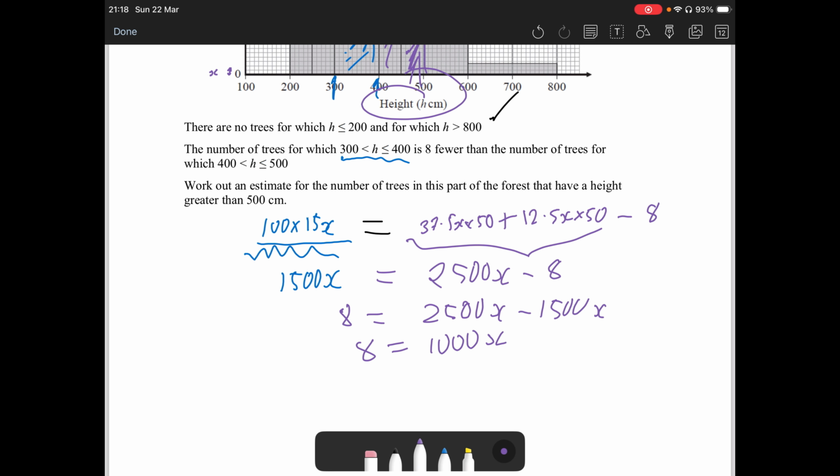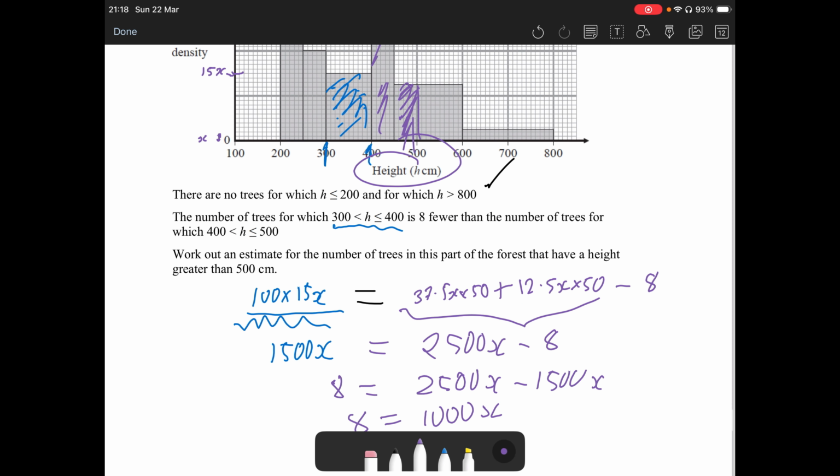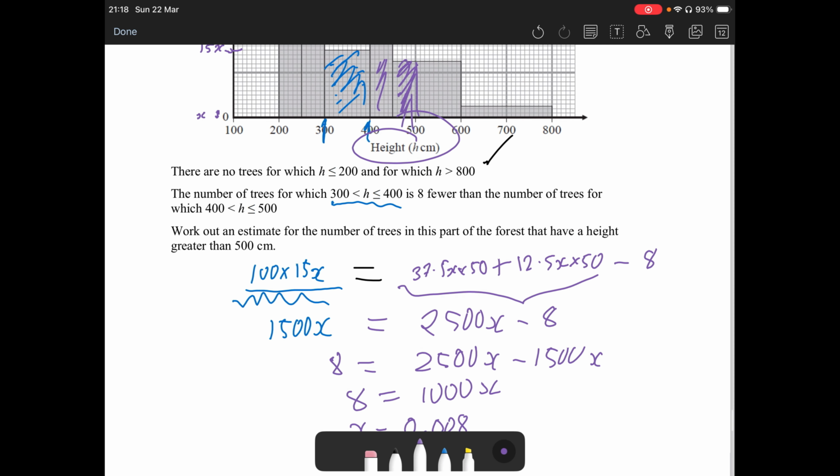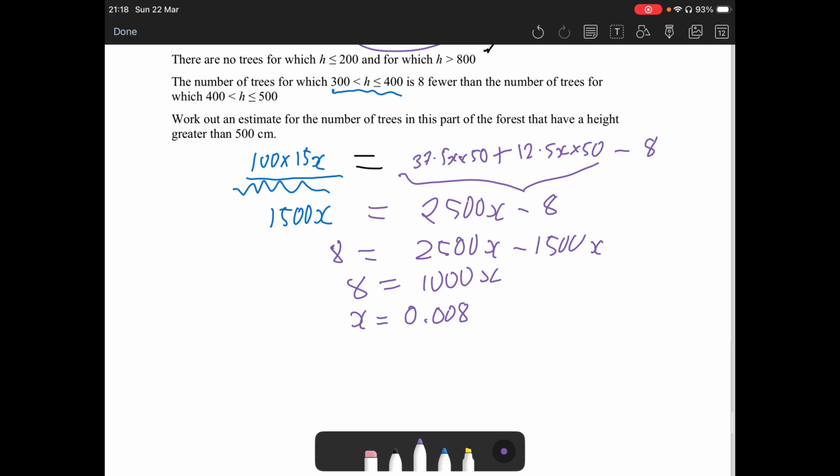x, the value of every little square, is going to be, and I can't believe this because I've never seen these numbers before, 0.008. Wow. Okay. So, to make our life a little easier, I suppose, you say 10x. So every 10 little boxes, it'll be 0.08.